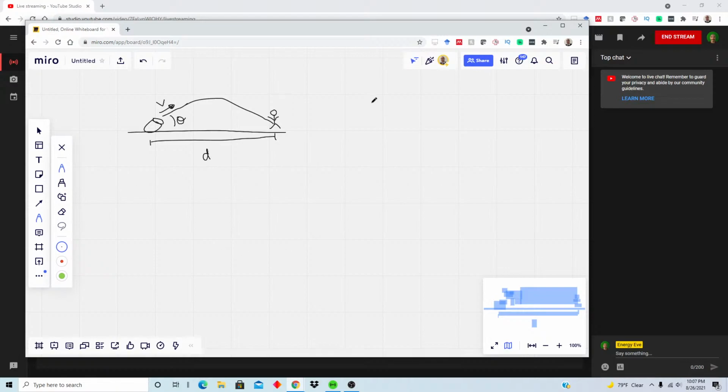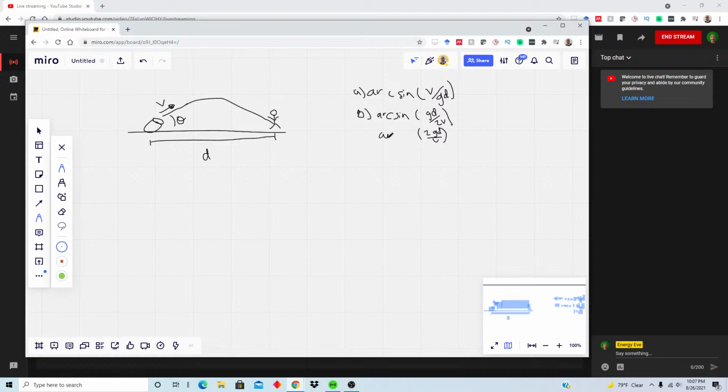And so the choices we have: A is arc sine of v over gd. B is arc sine of gd over 2v. C is arc sine of 2gd over v.